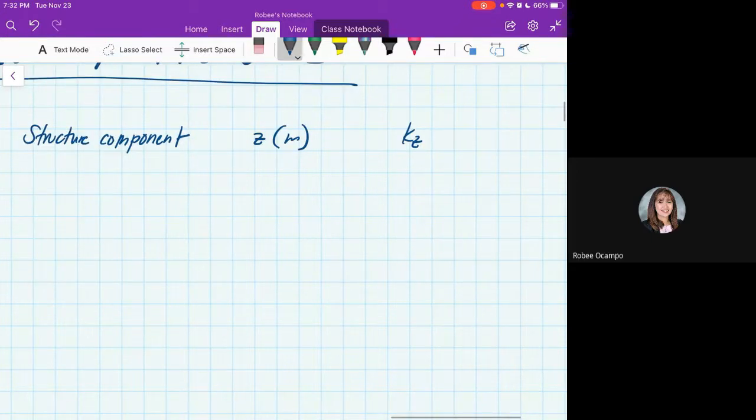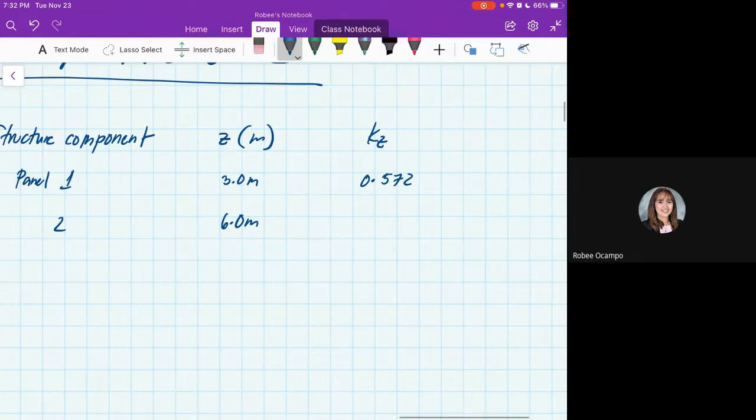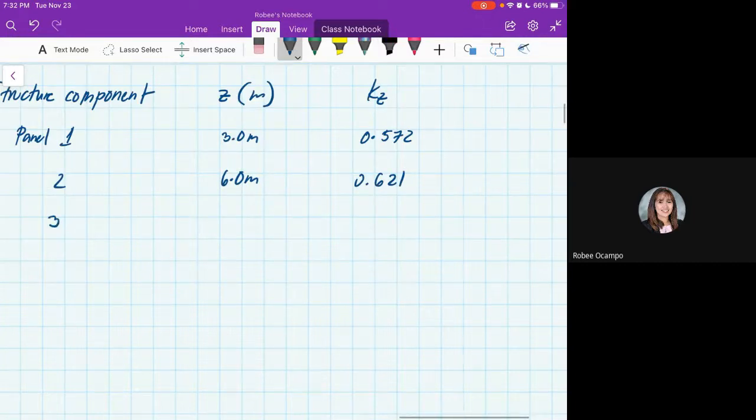For panel 1, yung panel 1 natin is 3 meters. So our KZ would be 0.572. For panel 2, the height is 6 meters. So our KZ would be 0.621. For panel 3, that's 9.0.